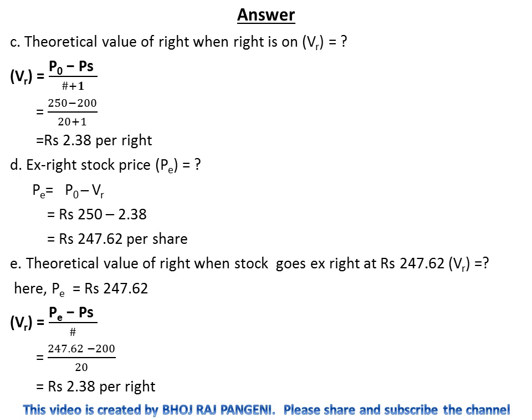Now look at all the calculations that you have made in parts A, B, C, D and E. This information is required to solve the problems of F and G. So be sure.